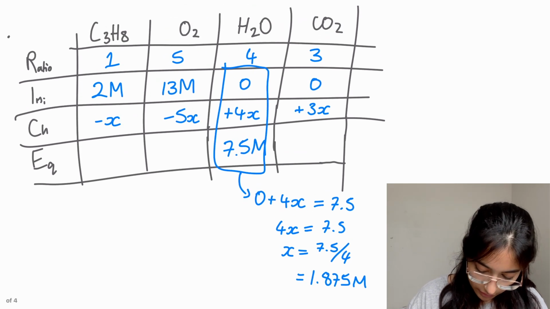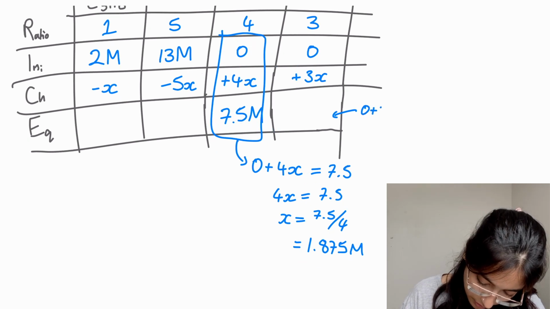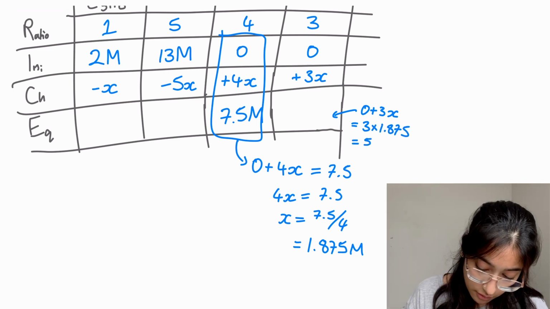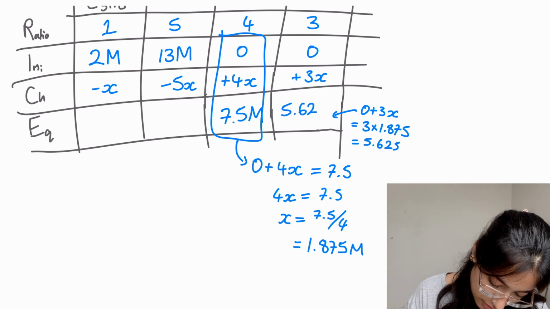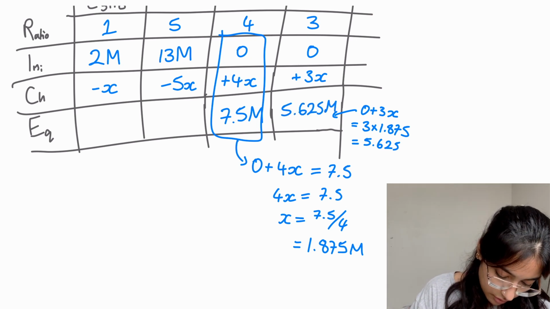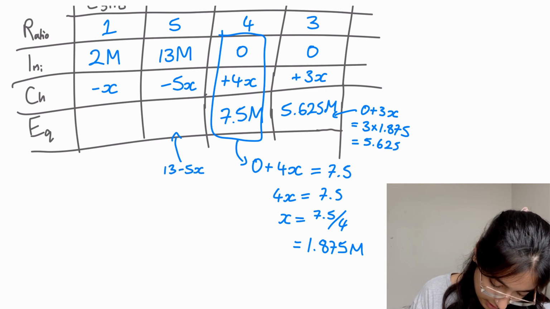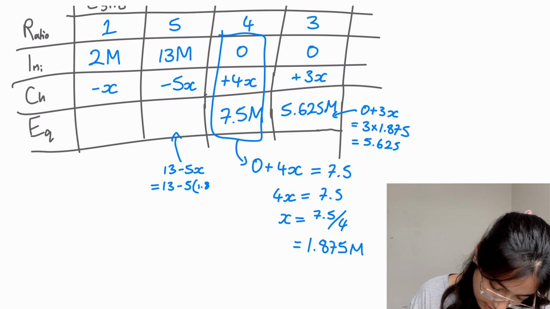So now we can calculate everything else. So this is going to be 3x, right? So this should be 0 plus 3x, which is equal to 3 times 1.875, 5.625. So that's what I'm going to put in here, 5.625 M. And then I can do exactly the same things for these ones. 13 minus 5x and 5 times 1.875.